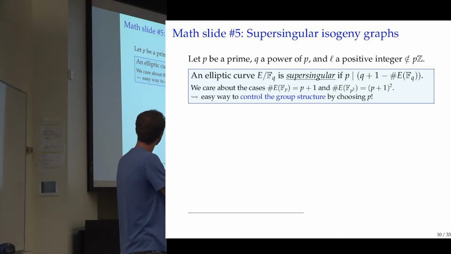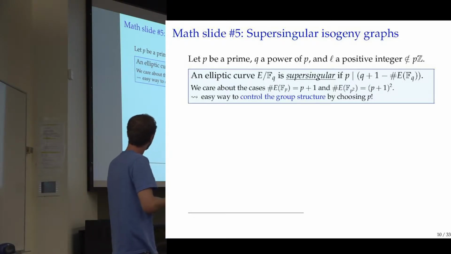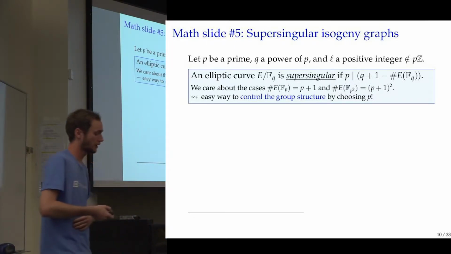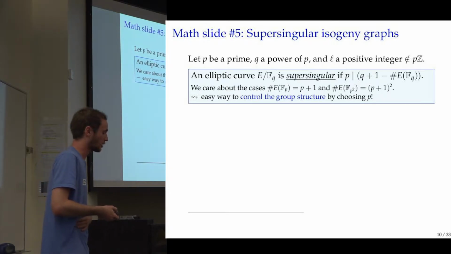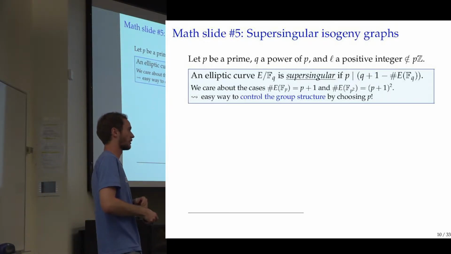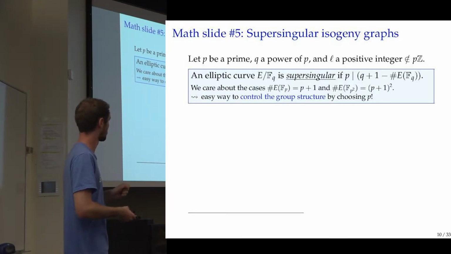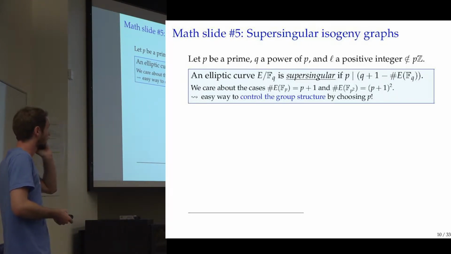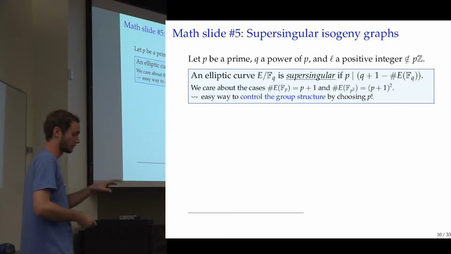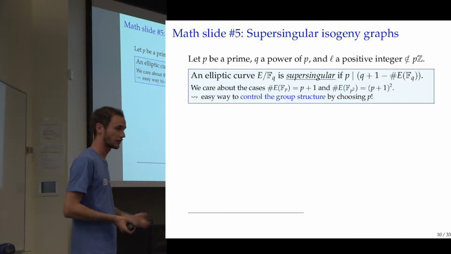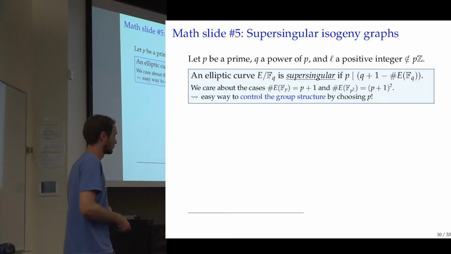The important property is that by picking our prime of a specific form, like we're working over F_p or some extension of F_p, we can make sure that the group structure of the curves we're using is nice and useful for computing small extensions.